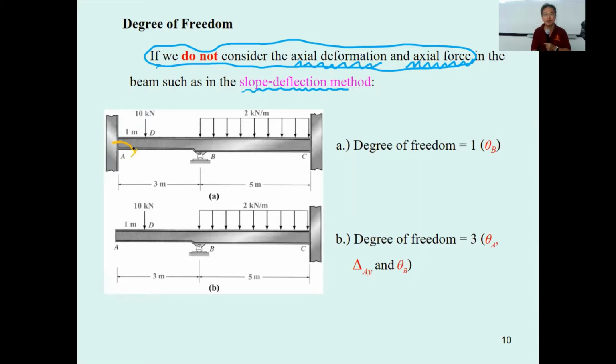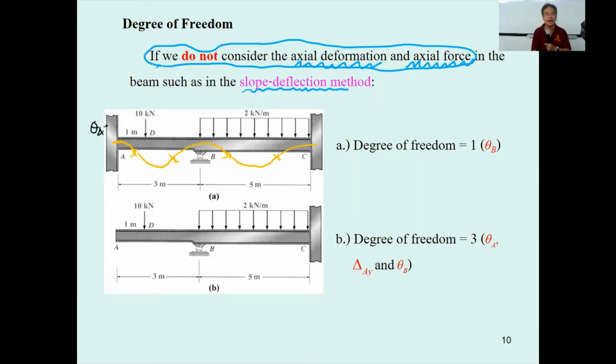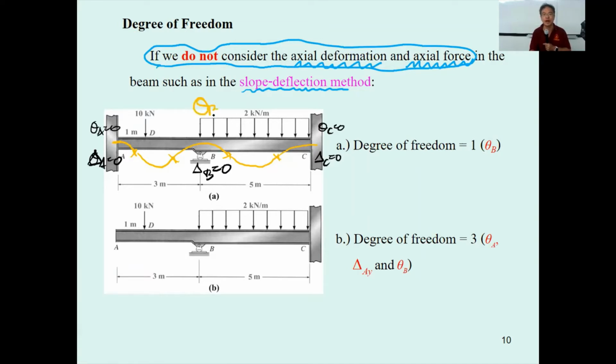The deformation of this one will be something similar to what I just mentioned. Again, zeta sub A is 0, delta sub A is 0, zeta sub C is 0, delta sub C is 0, and delta sub B is 0. Only zeta sub B is going to be the degree of freedom for this problem.